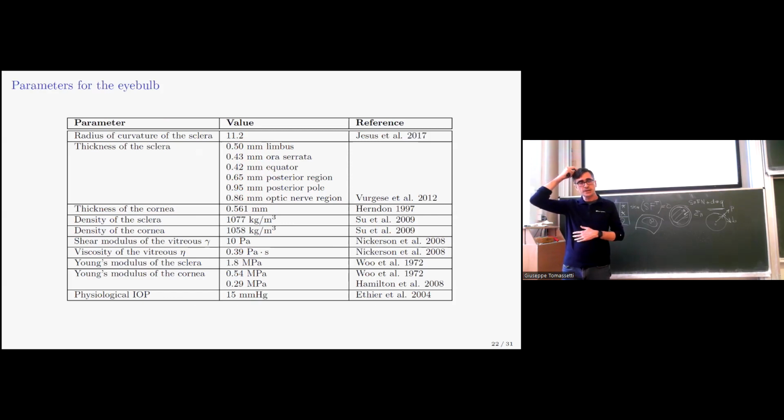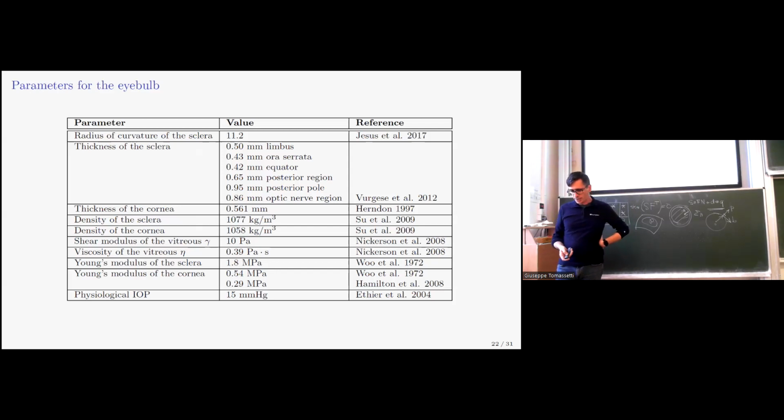So our idea was to replace the Young modulus of the sclera with an effective one, a sort of homogenized Young modulus, in a way that a regular sphere would behave like a homogeneous eyeball by an appropriate choice of the Young modulus.